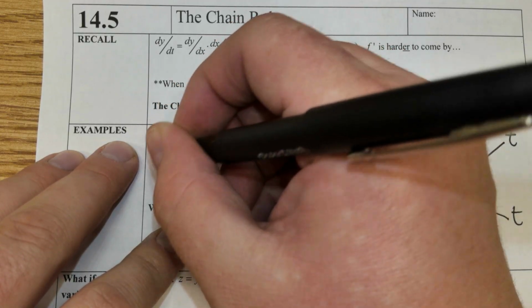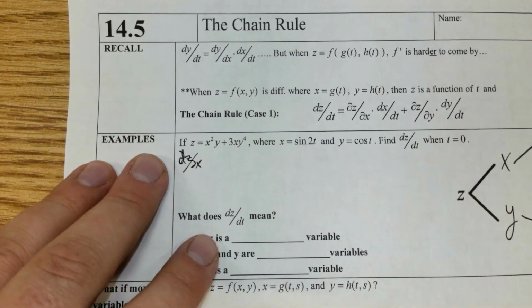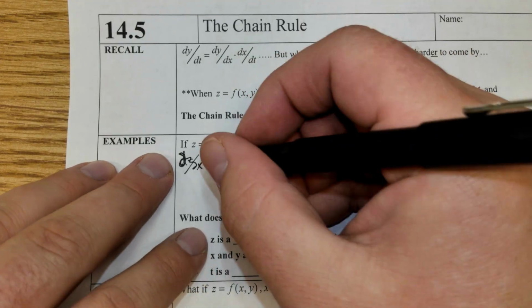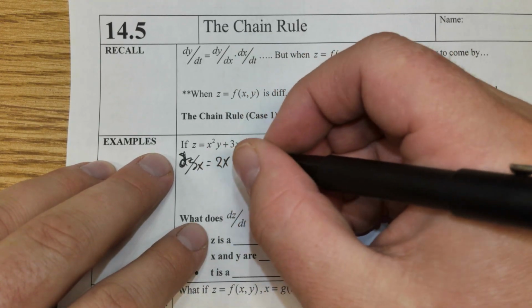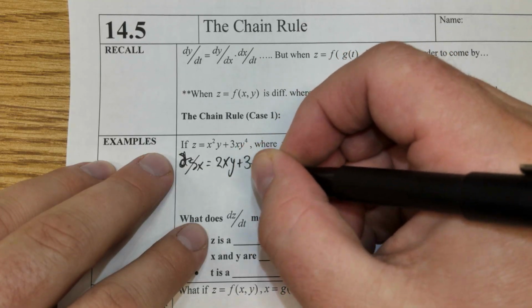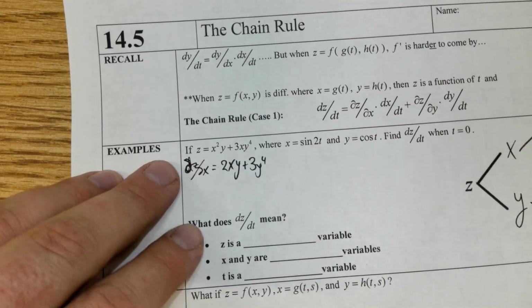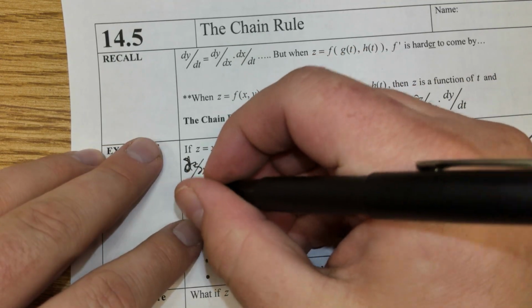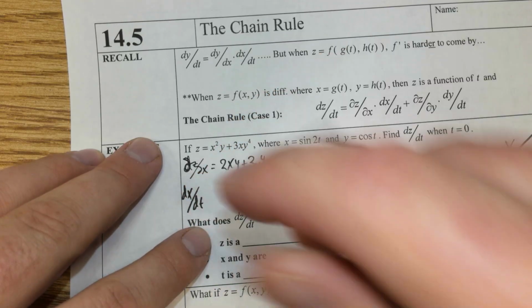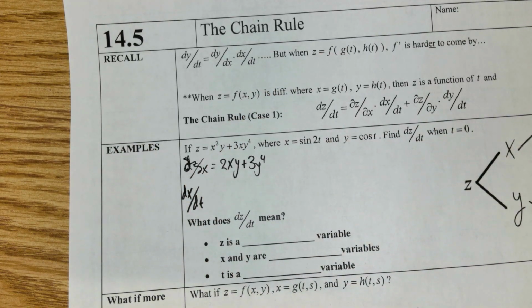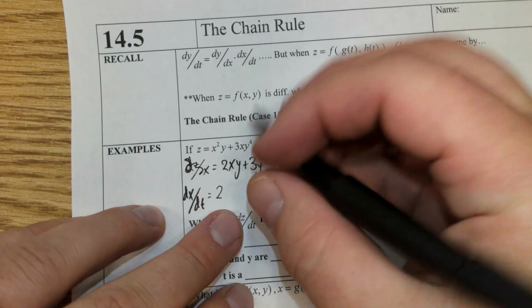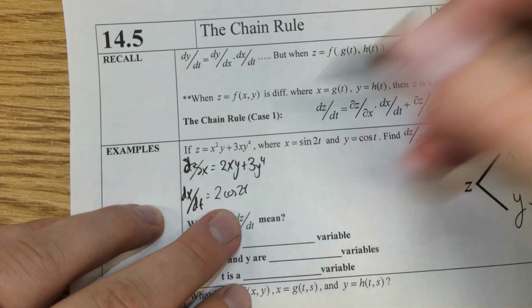That should be a partial. Right after that whole conversation, I blow the first one. Partial z, partial x. Now, when I go to take the derivative here, this is dx dt. Well, dx dt is just going to be 2 cosine 2t.